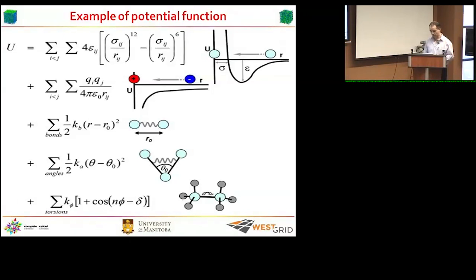Sometimes we use just the first term, which is Lennard-Jones, the simple potential to use. We also use Coulombic interactions, which are very expensive to compute because they are long-range interactions. Depending on the system, you can use one or more of these terms. Of course, this is the simplest potential function. There are more complicated ones than this.